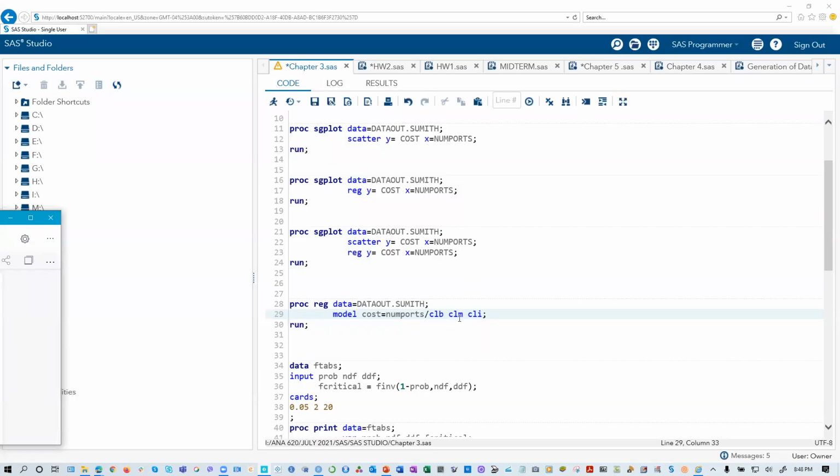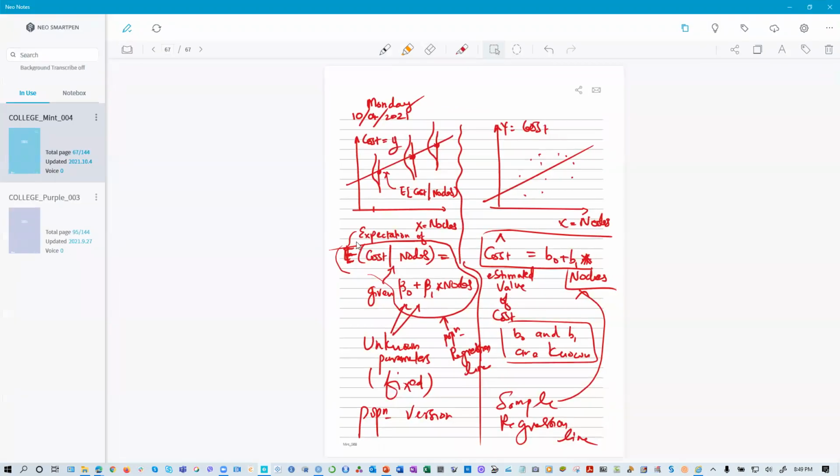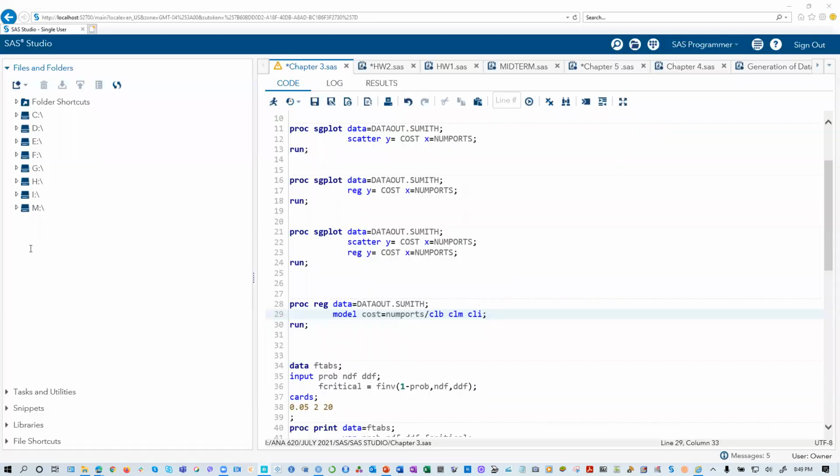This is for the average. Remember I talked about the mean here? You can estimate this part too. You can find the estimated value of cost given nodes. Or you can find the average cost for the individual.